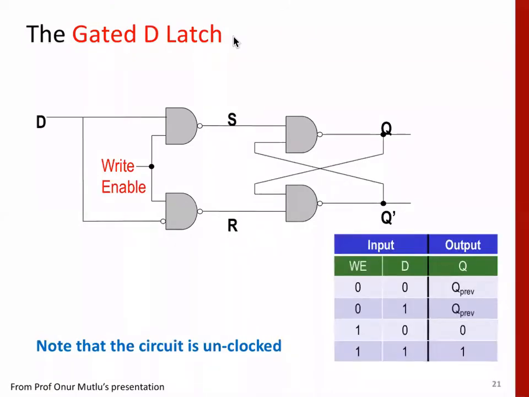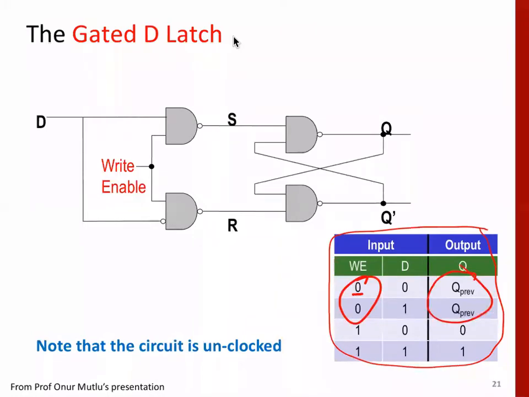Now we have a state table which is quite clean. If write enable is 0, then whatever previous state was there remains. So Q becomes whatever it was earlier. If write enable is 1, whatever is at input we write into the system.